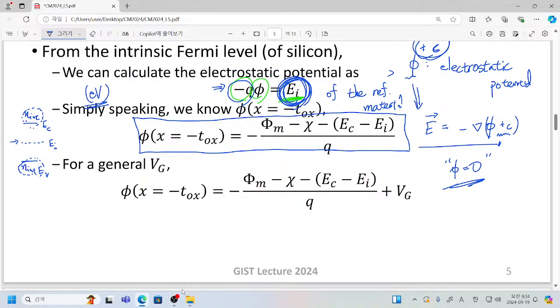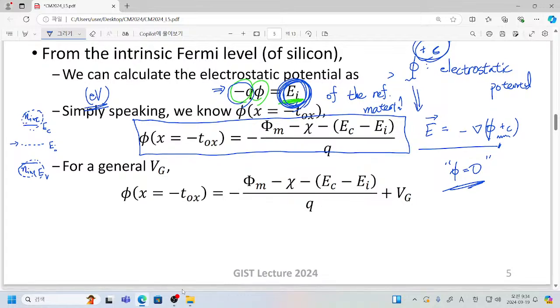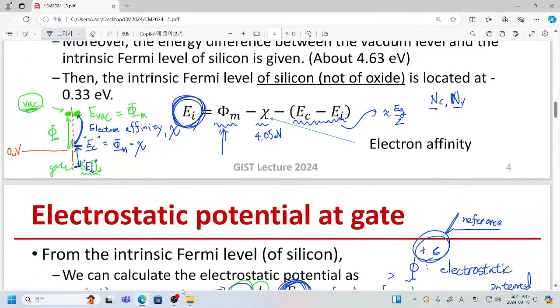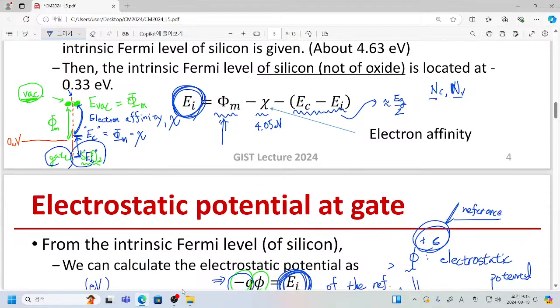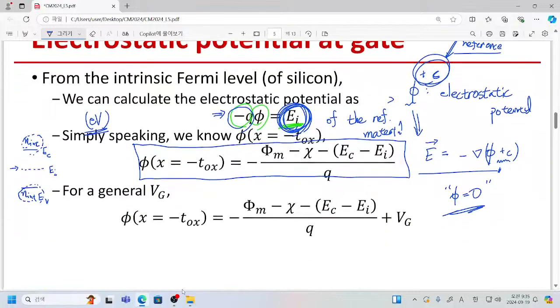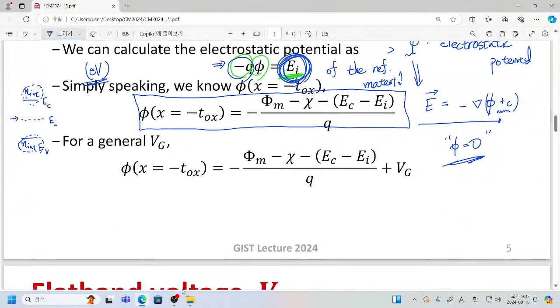Although all kinds of quantities can show discontinuity at this boundary, because here we have a gate material metal and silicon dioxide, everything can be different. However, if we consider that the vacuum level does not belong to a specific material, it should be continuous. So by using the continuity of the vacuum level, we have arrived at this expression.